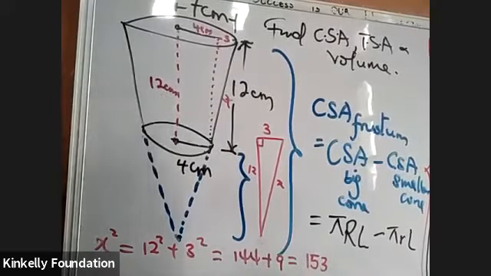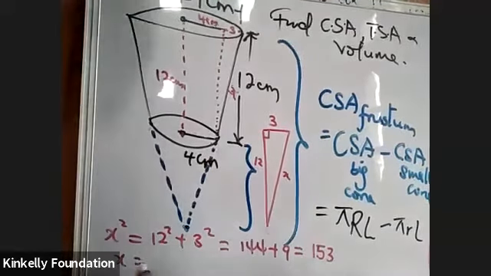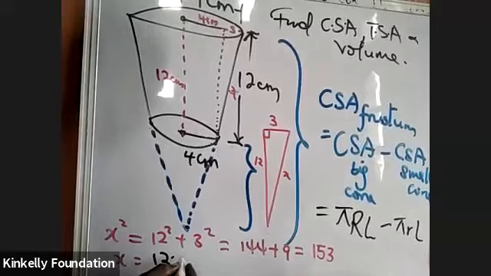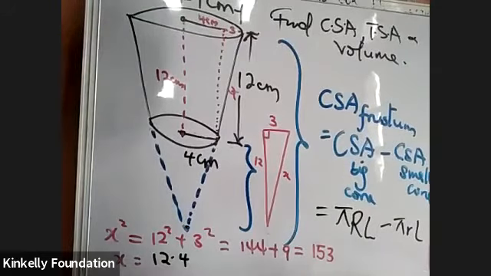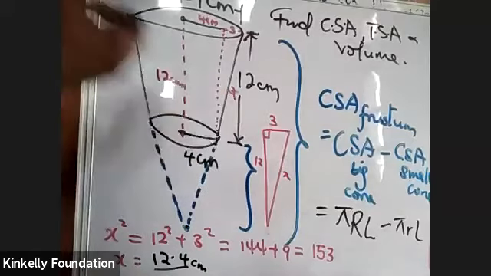Now, we take the root of 153 to find the value of x. The value of x will be 12.4 to the first decimal place. Let us take it as 12.4 cm.